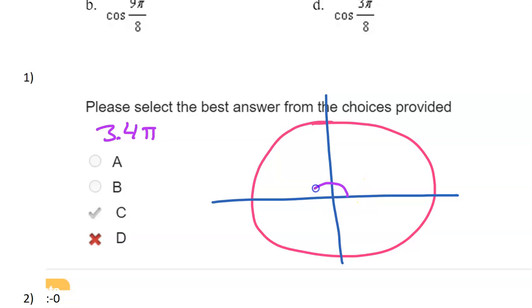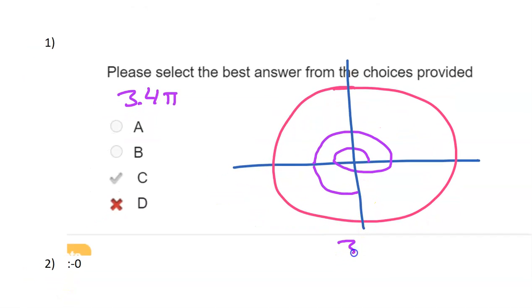So far I've gone pi, 2 pi, 3 pi. So I've gone 3 pi right now. Now, if I went to here, this would be 3.5 pi. This is like half of a pi. So that would be a tiny bit too far.